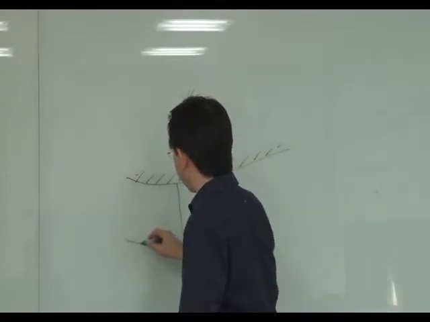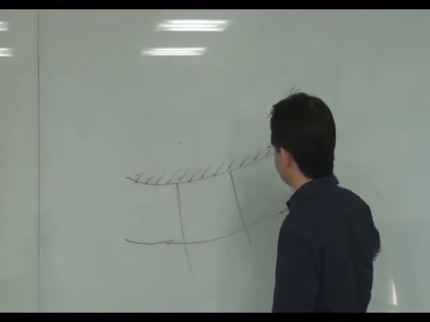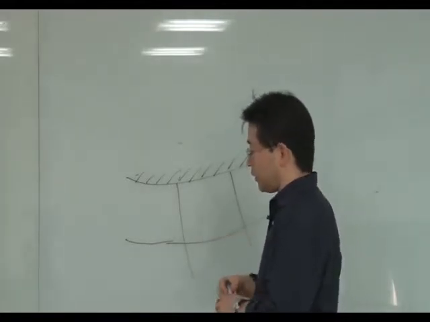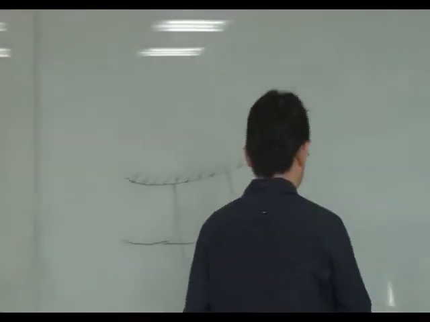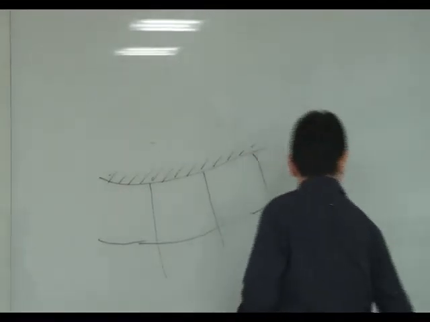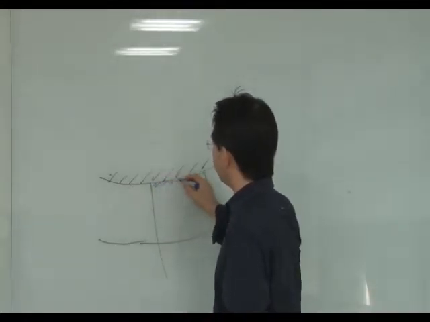So if you have a control volume on the hull surface, we have to consider the exchange of momentum on this interface, on this surface.